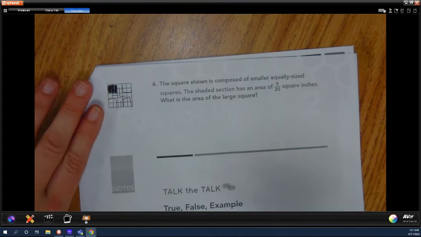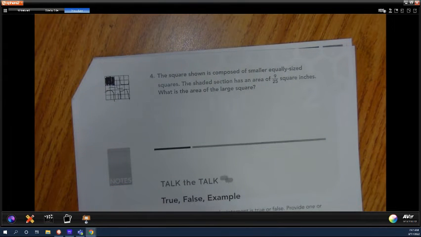What is the area of the larger square? Double, triple. I think it's triple. Let's see. Double, triple, quadruple. So let's try that. No. All right. Give me just a moment.